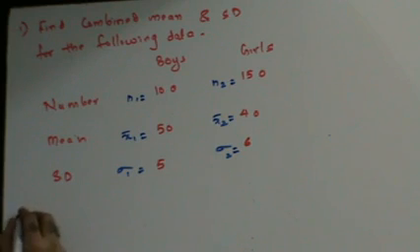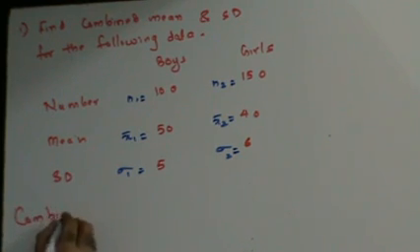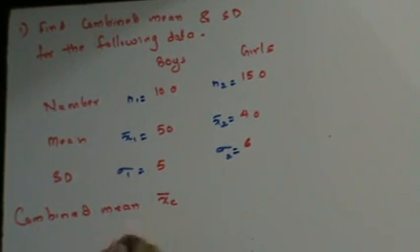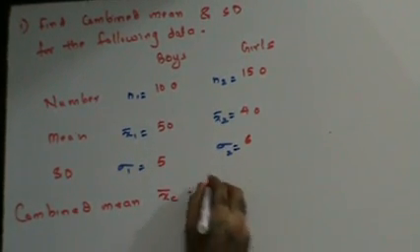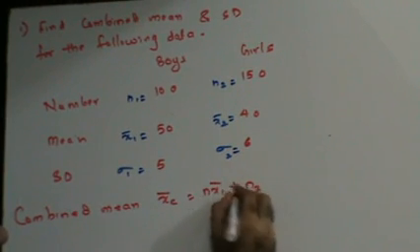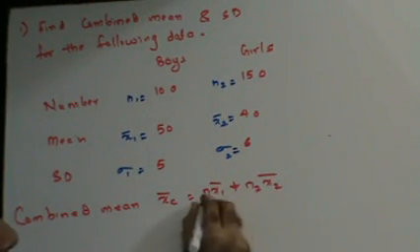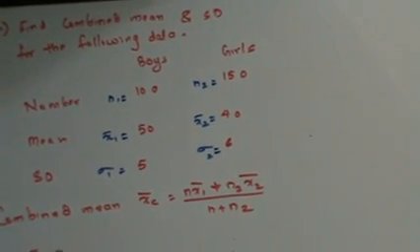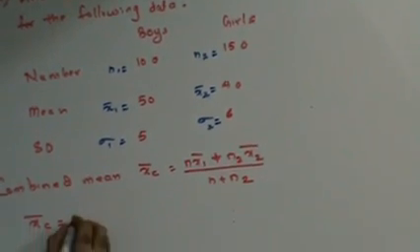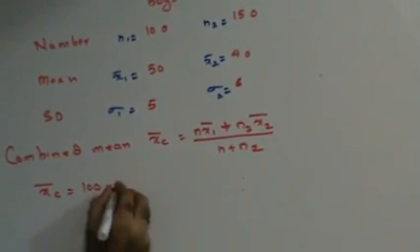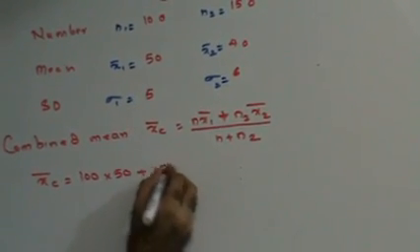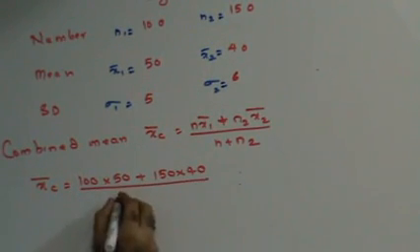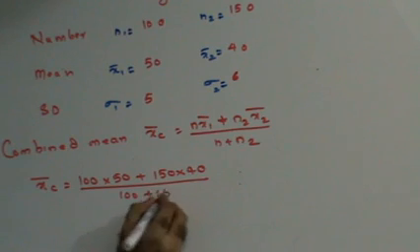Now first thing that you have to do is find out combined mean. Combined mean xc is given by the formula n1 x1 plus n2 x2 upon n1 plus n2. So xc is equal to 100 into 50 plus 150 into 40 upon n1 plus n2.